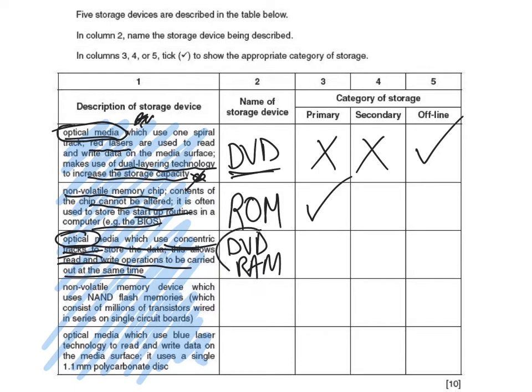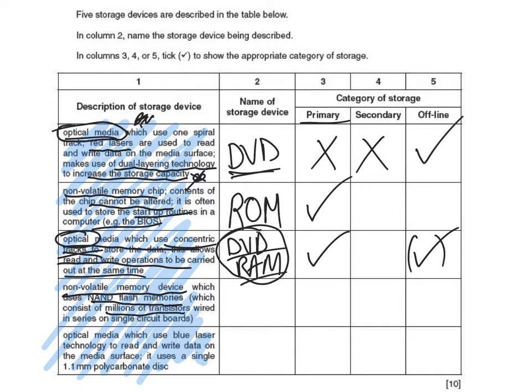That's what the TV boxes use, where you can watch a channel whilst you record another. This is a funny one because it kind of is offline storage, and the fact that it's RAM though also makes it primary. I'll check the marking scheme again to see. I think you get the marks for either, it's optional, but because it's RAM, it is directly accessed by the processor.